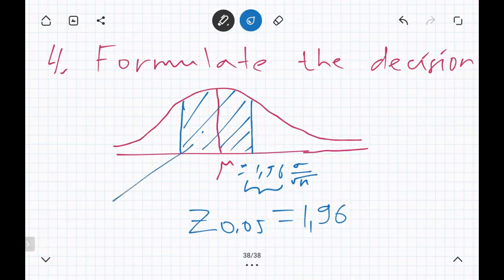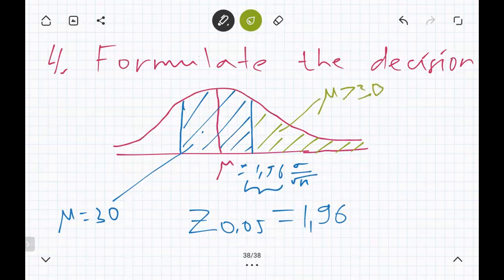Now, if we move to this part, if our sample mean is somewhere here inside this area, that means that my mean value is more than 30.